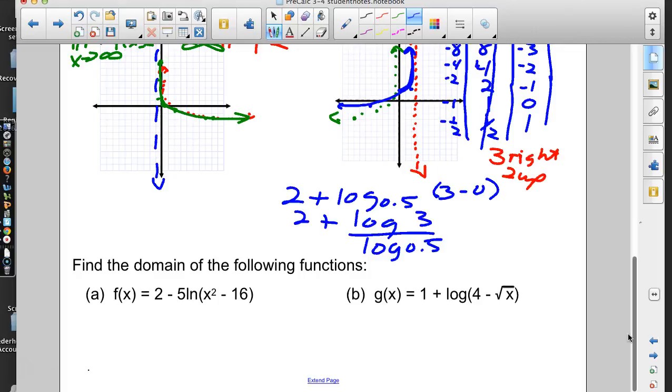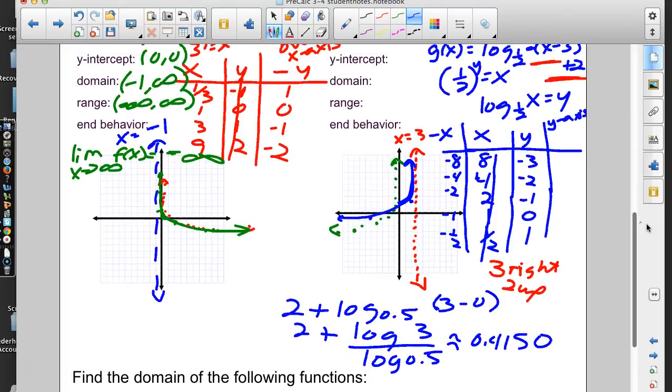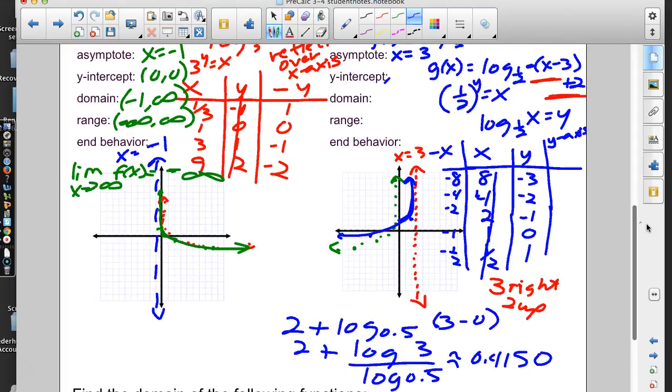So that's where it was supposed to be. 0, approximately 4.15. But it's a logarithm, so let's go with 0.4150 and do the 4 decimal places, like logarithms are supposed to be done. Oh, I'm going to use a different color because that's not going to show up. Unless it lands perfectly on the 0, 0, we have to plug it into the calculator just to see where it's going to go.